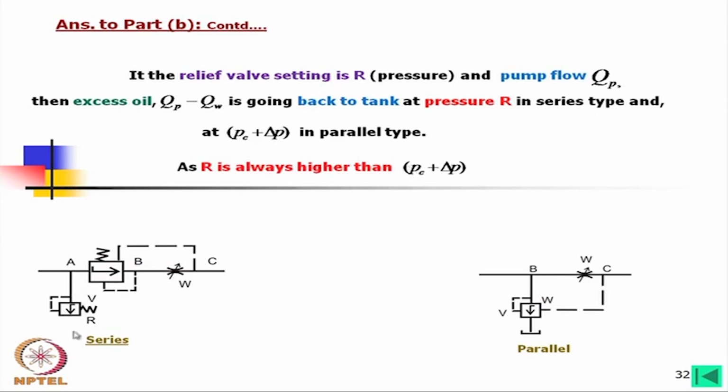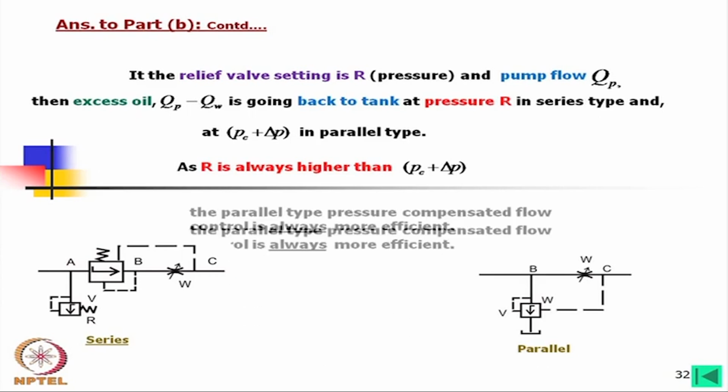This means that in case of series connections, this bypass flow will always be at a higher setting pressure than this. On the other hand, this is suitable for low pressure, whereas where the pressure is high as well as the flow is also high, we have to go for the series type valve, irrespective of its higher losses.